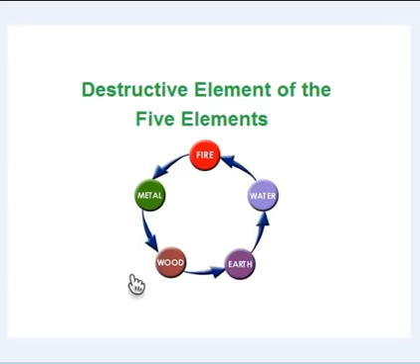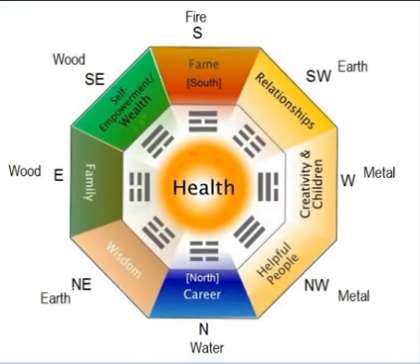Now how do we use it together with the Bagua directions? For example, let's say I would like to have more wealth and gain more prosperity in my life. What I need to do is to of course activate the southeast direction, as it is the wealth sector. The predominant element for the southeast is wood. So naturally we have to strengthen the wood element to gain more good fortune and wealth luck.